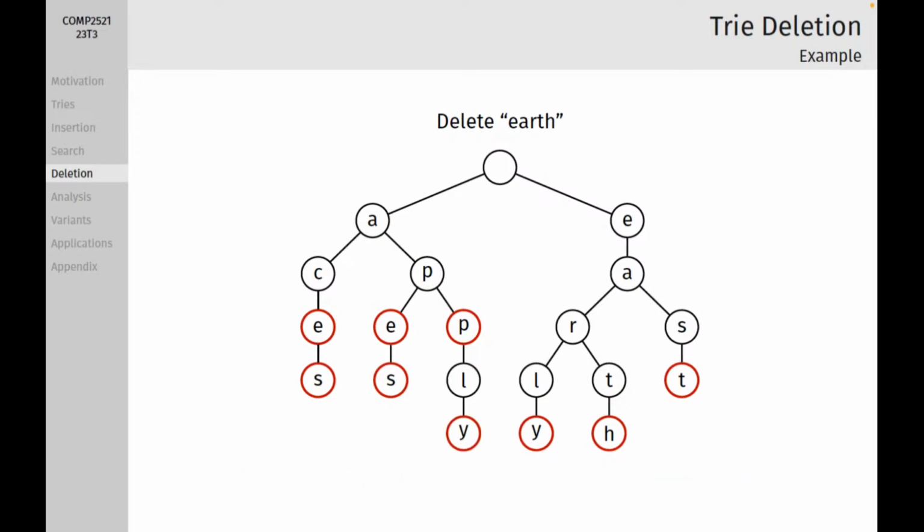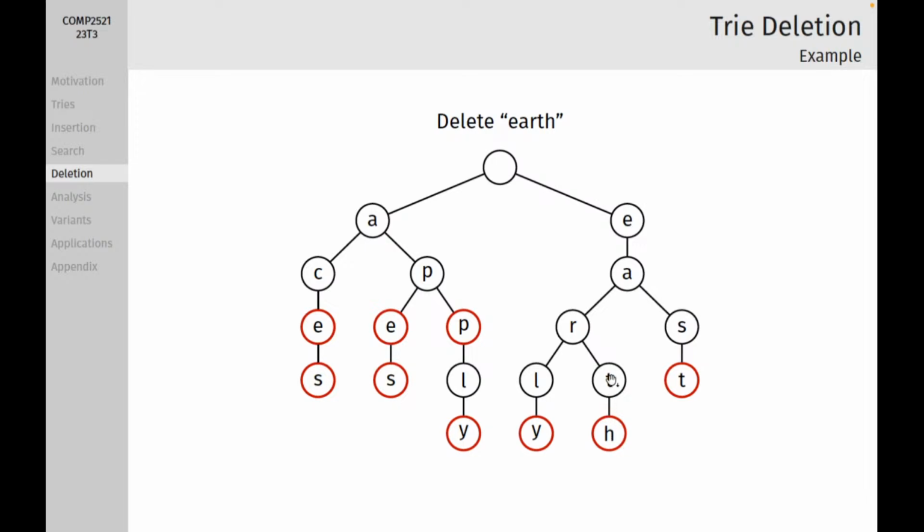Okay, here is another example. So suppose we want to delete the word earth. Right, so first we would find the node corresponding to the word earth, and we would mark this final node as a non-finishing node. But then since this node doesn't have any child nodes, we should remove it.